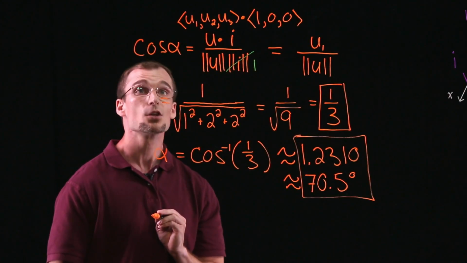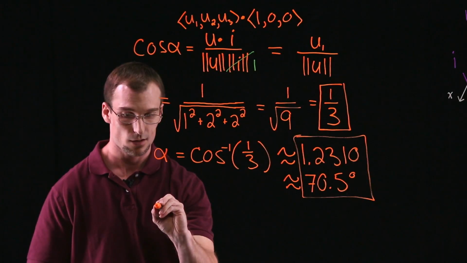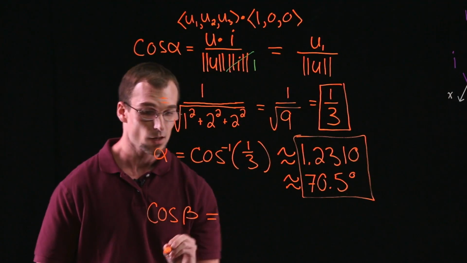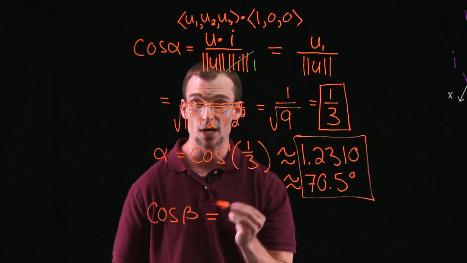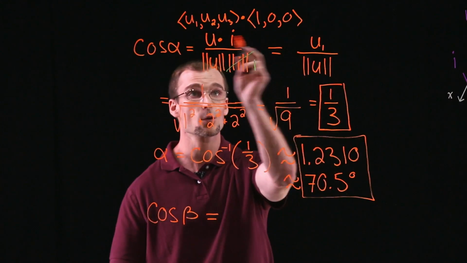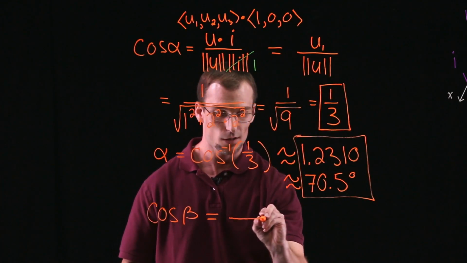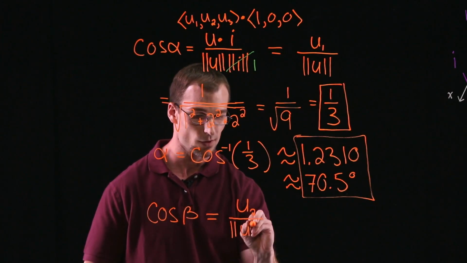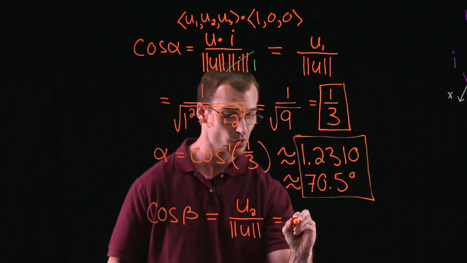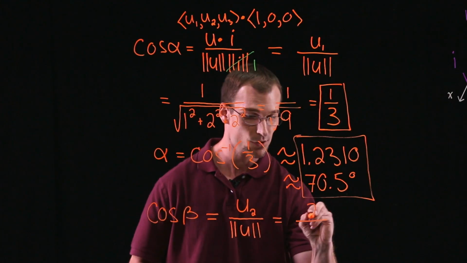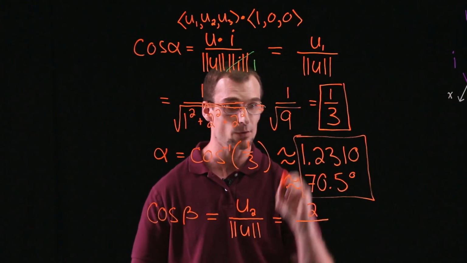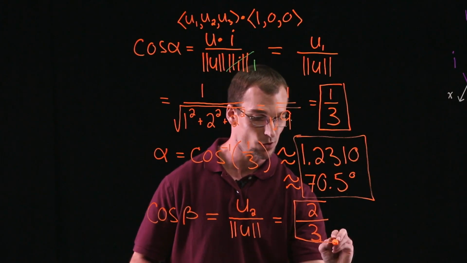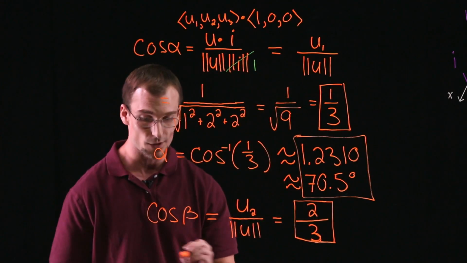So next we're going to find the next direction cosine. We want cosine of beta. Again, beta is the angle between u and the unit vector j. So following the work we did up here, we know this is simply going to be the second component of u, u2, over the magnitude of u, which is 2 over our magnitude, which we found in our first part to be 3. So we have the direction cosine of beta to be 2/3.